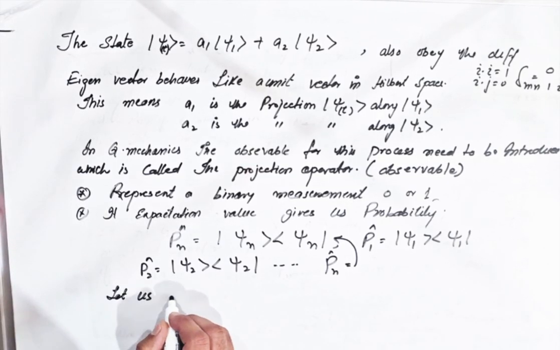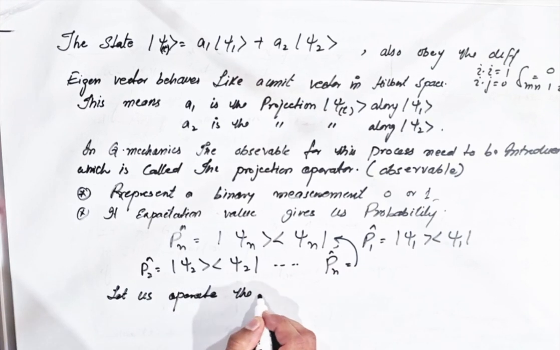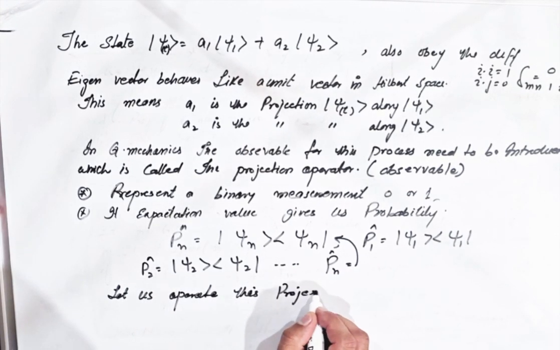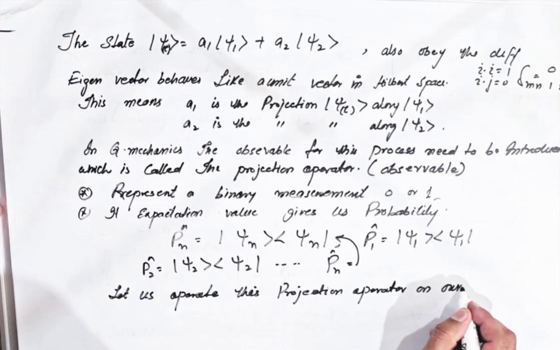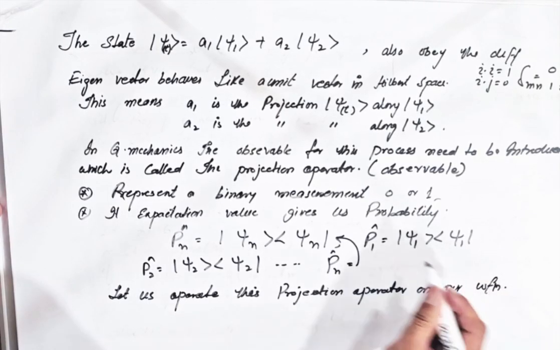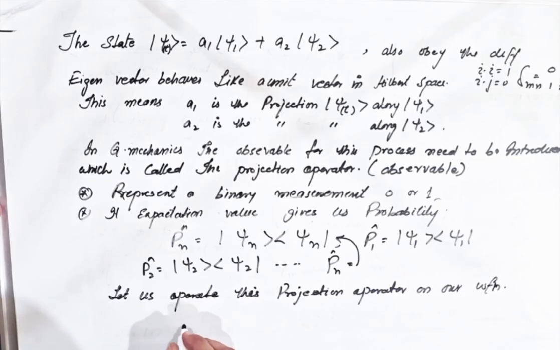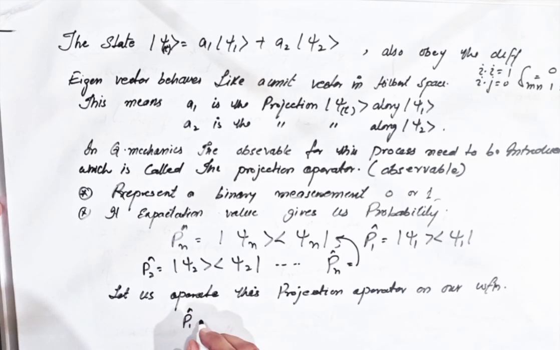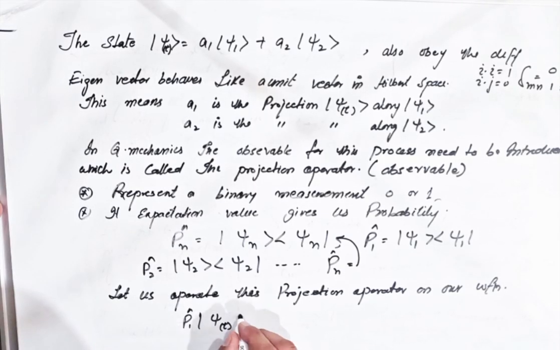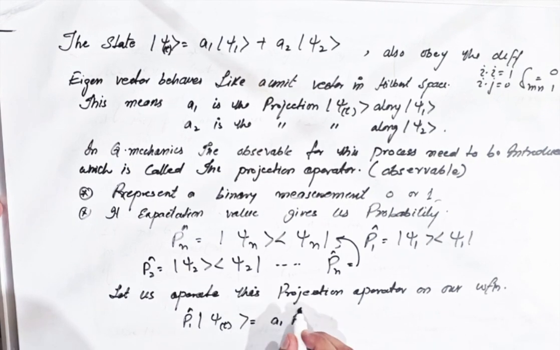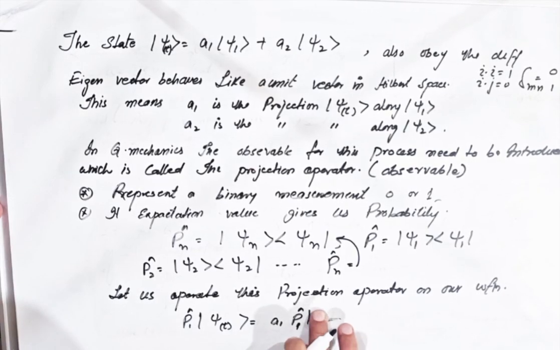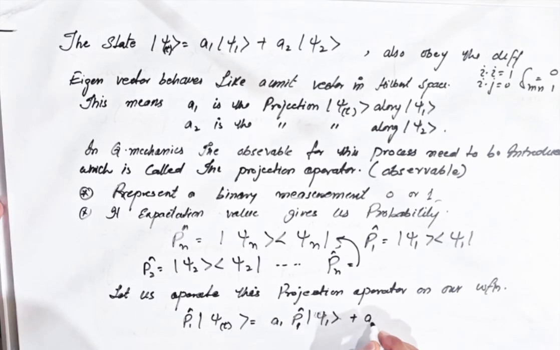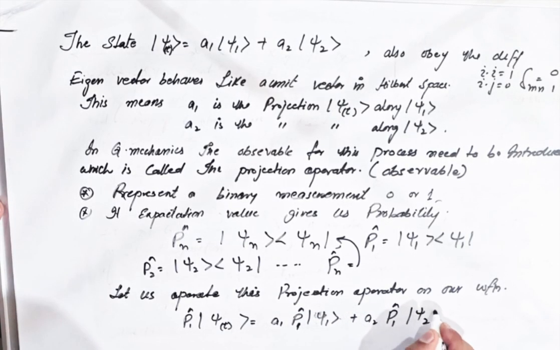Let us operate this projection operator on our wave function, that is psi of t, which is equal to a1 p1 on psi 1 plus a2 p1 on psi 2.